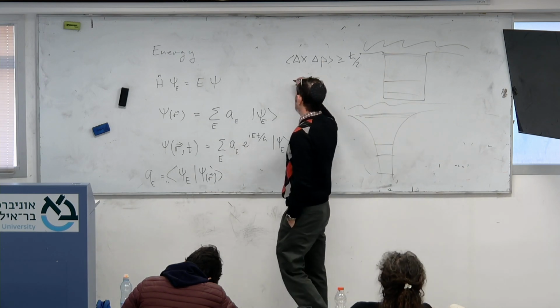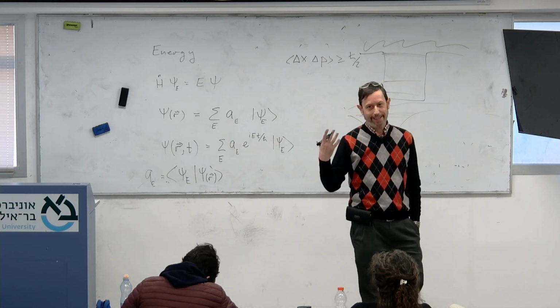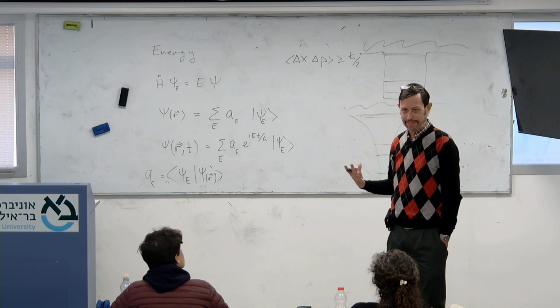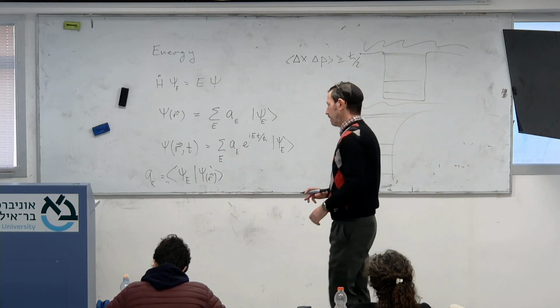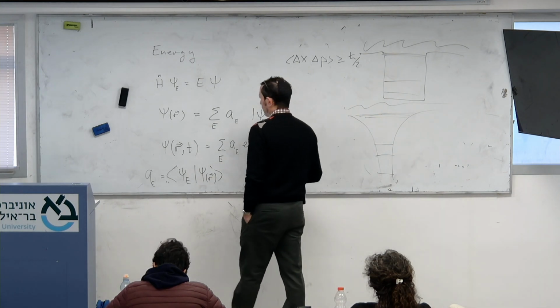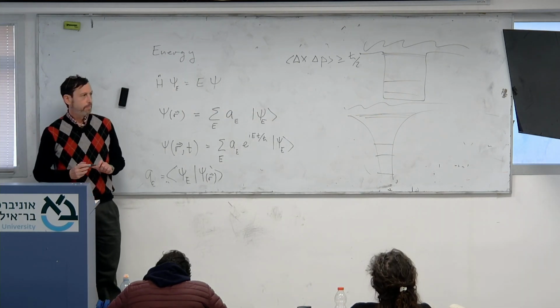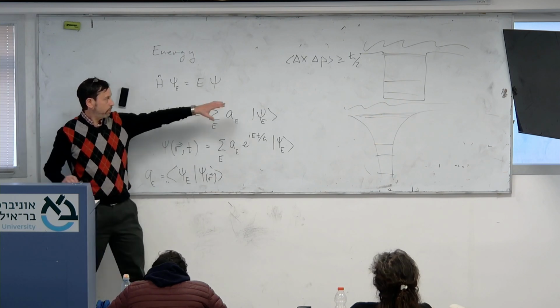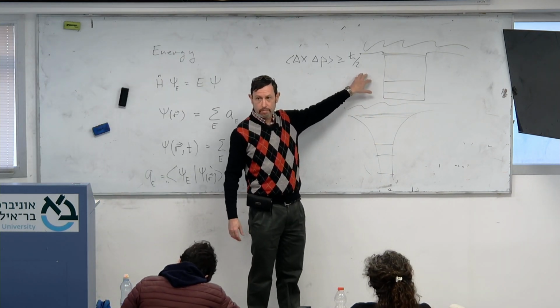And actually, it's one of a series. Delta T and delta E have also uncertainty relations, and others too. But what we'll do is show from where this limit comes.